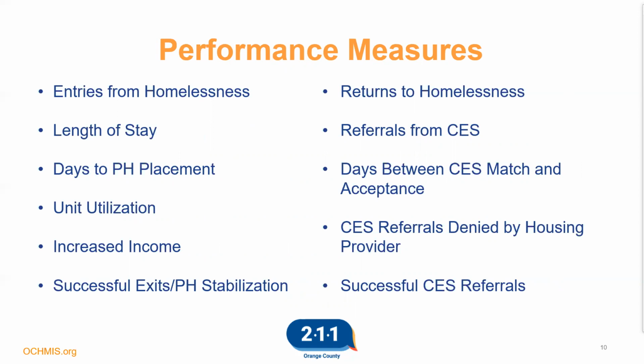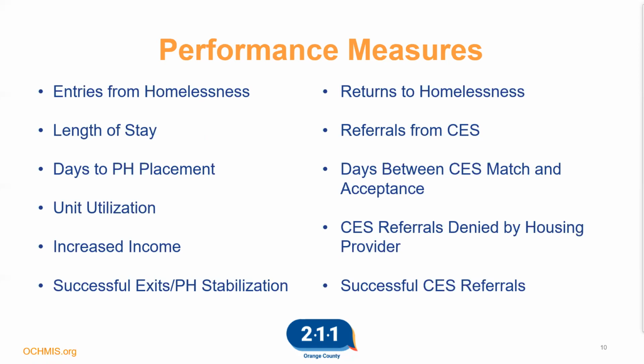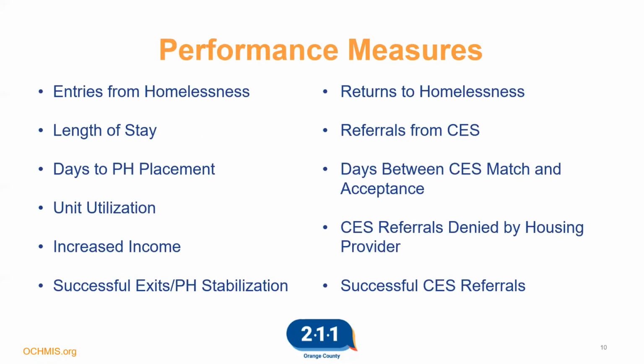So those two points really stand out to me if we include race, like how many white people, how many Hispanic, Asian American, or Black people are referrals from CES, because that tells us who's accessing CES and what are better ways or initiatives we could take to reach out to populations that we're not reaching, because we know Orange County is diverse. If we're not reaching a certain population, we need to know about it. Okay.